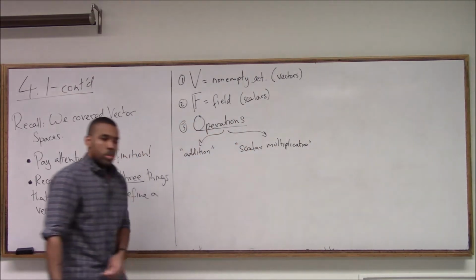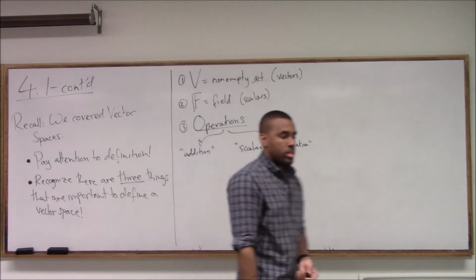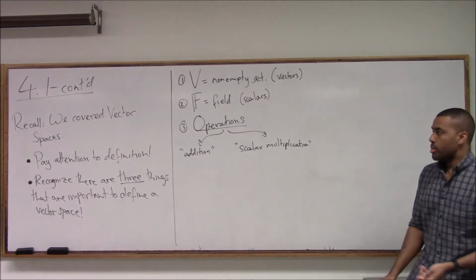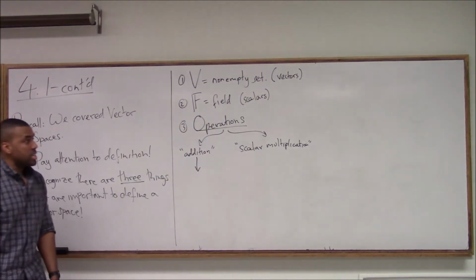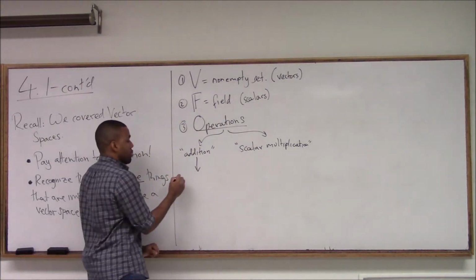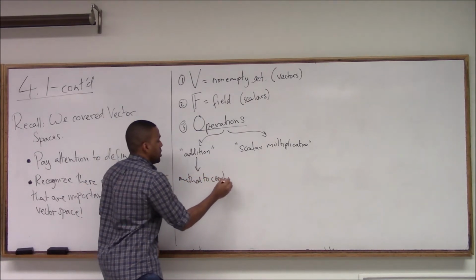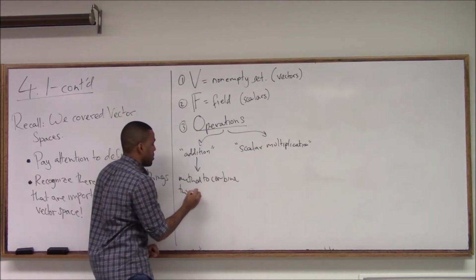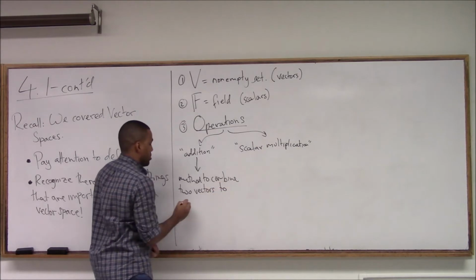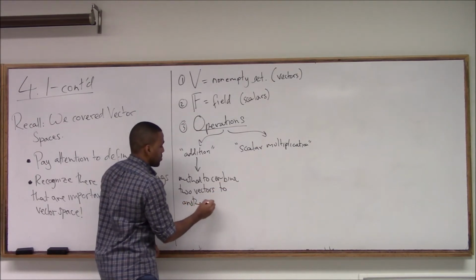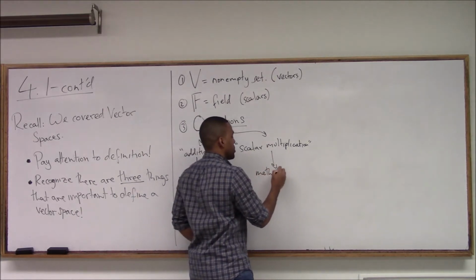Again, I put these in quotes because they don't necessarily mean arithmetic addition or scalar multiplication as you have seen it in Calc 3. This is just a method to combine two vectors, right? To get another vector. This is just any method that combines a scalar and a vector to make another vector.